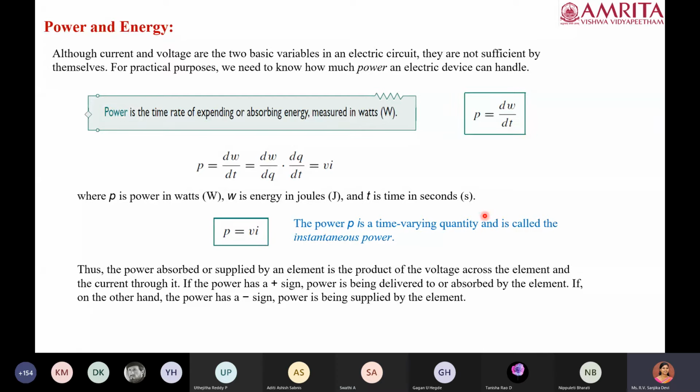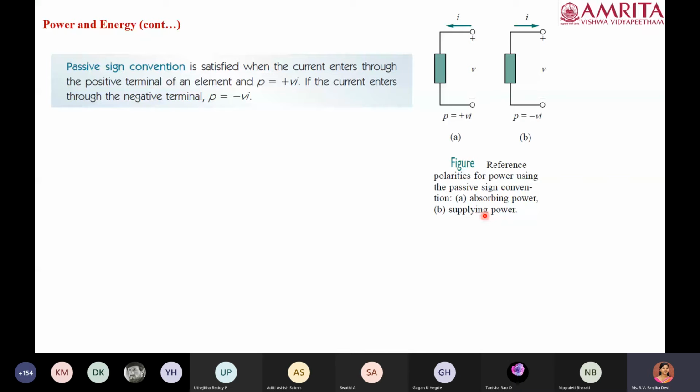Okay. So now we have to understand how to find out whether the power is being delivered or absorbed by a particular element in a circuit. For that we follow a passive sign convention.